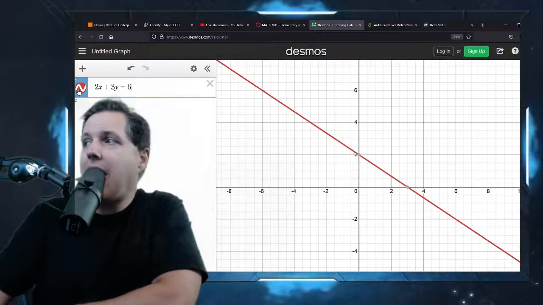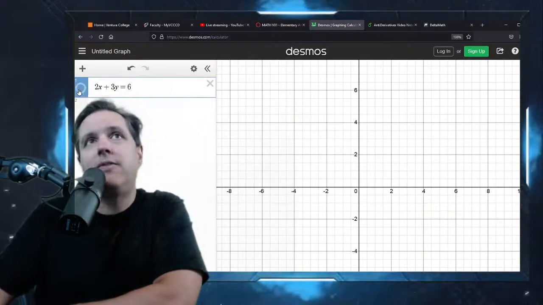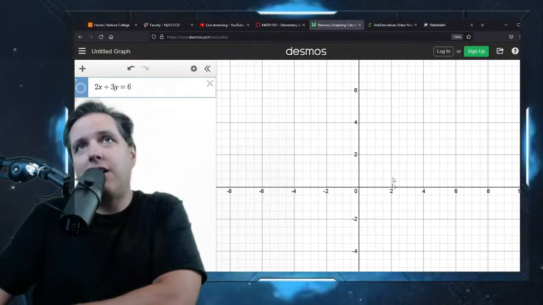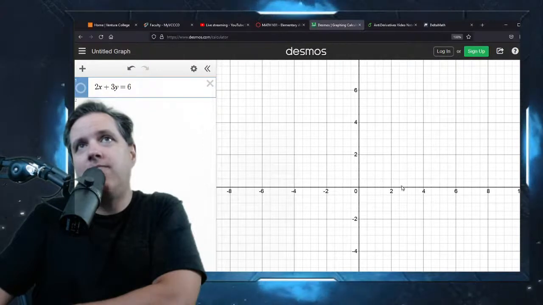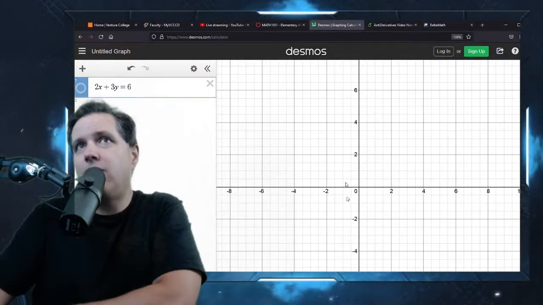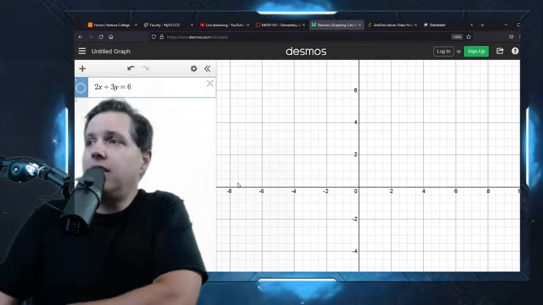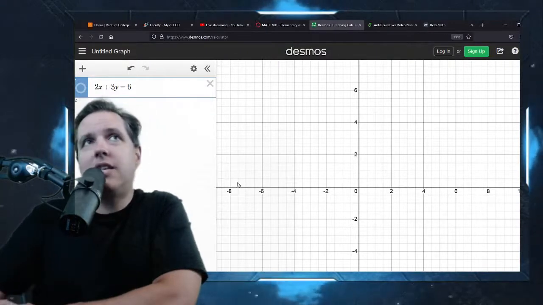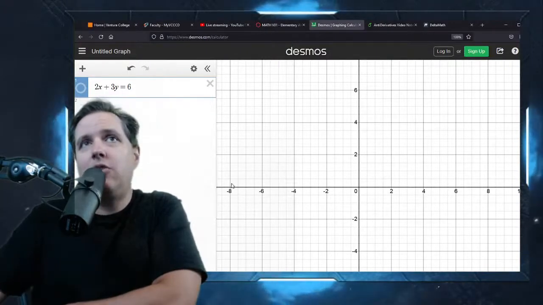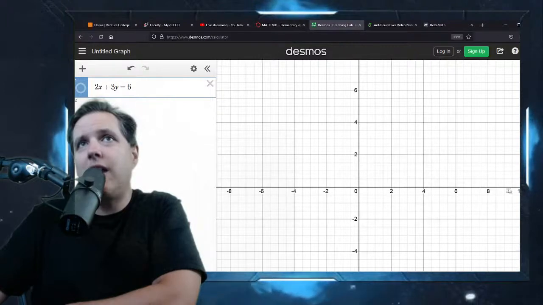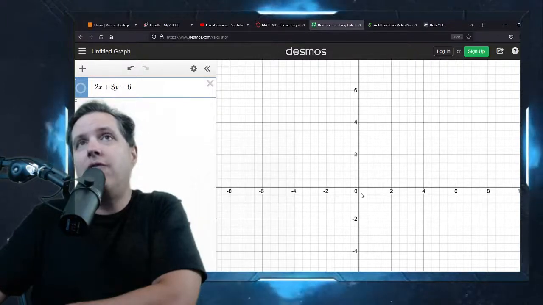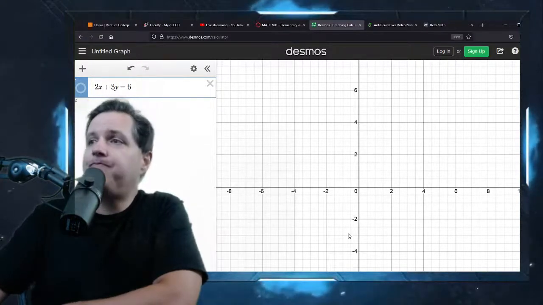Well, let's take half a step back and remind ourselves. Here are the two dimensions I was talking about. We've got a horizontal dimension and a vertical dimension. Usually, though this isn't always the case, if you're given something with x and y, you just assume the horizontal is your x variable and the vertical is your y variable.